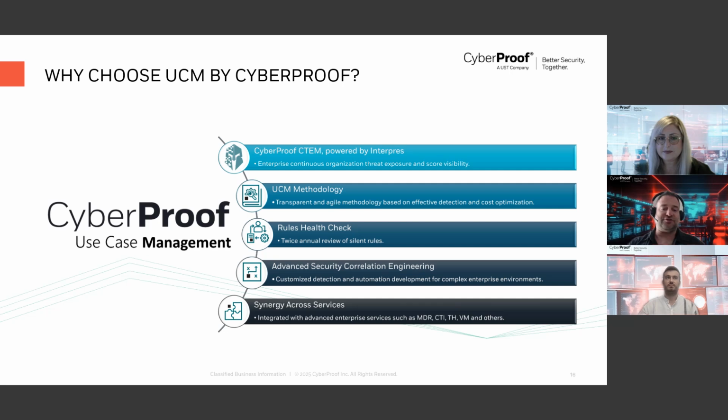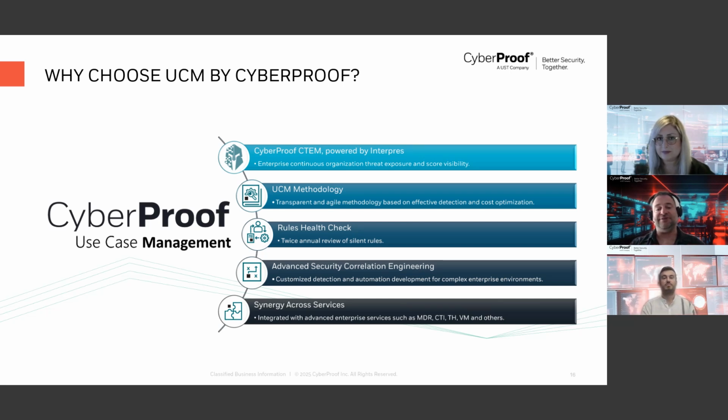Another key differentiator from our perspective, also covered briefly by Vlad, is our rules health check. Twice a year, we perform a comprehensive review of silent and ineffective rules, so your detection content doesn't lose value over time.